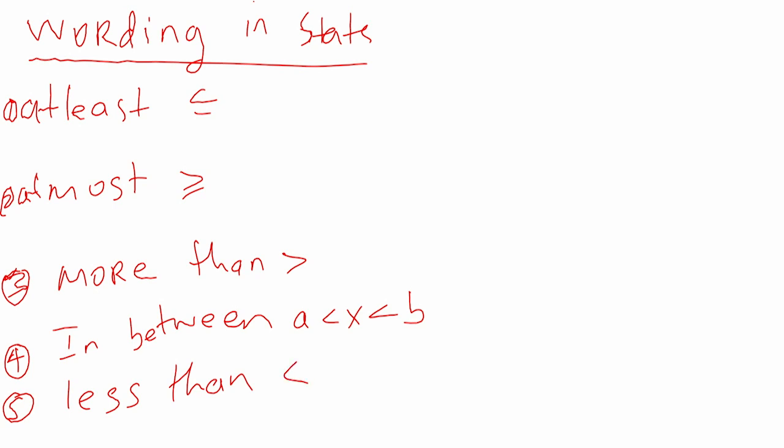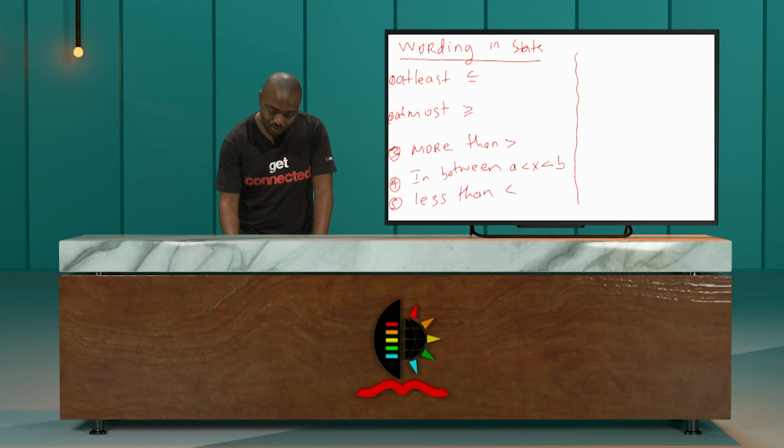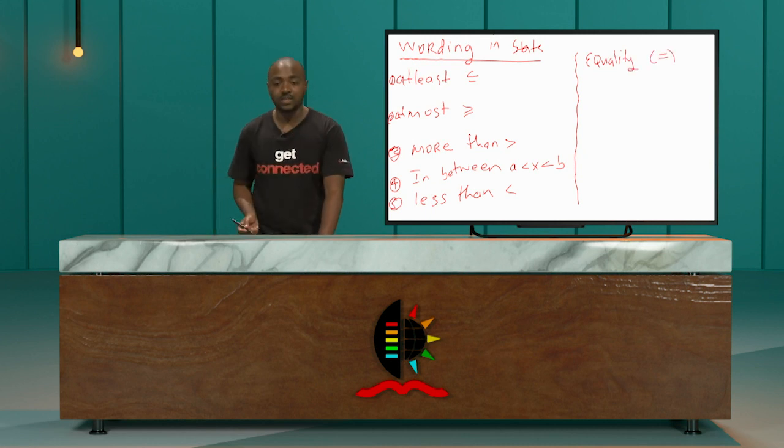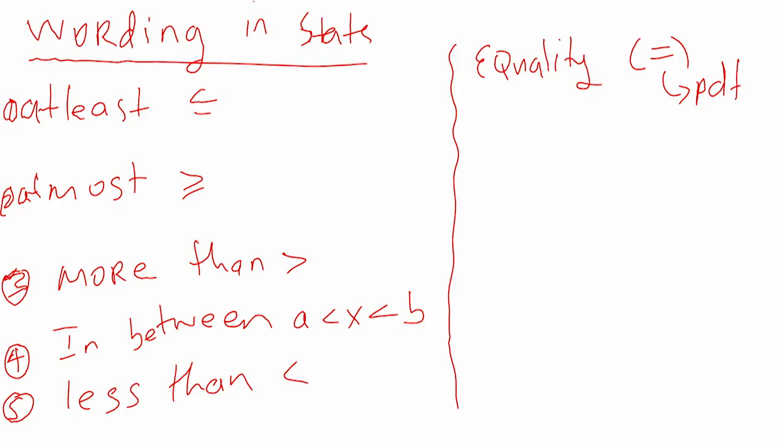Now, in probability distributions, there are two ways they could ask you. It's either an equality question, where equality is equals to. To solve this, you need to use the PDF under each probability distribution, the probability density function.